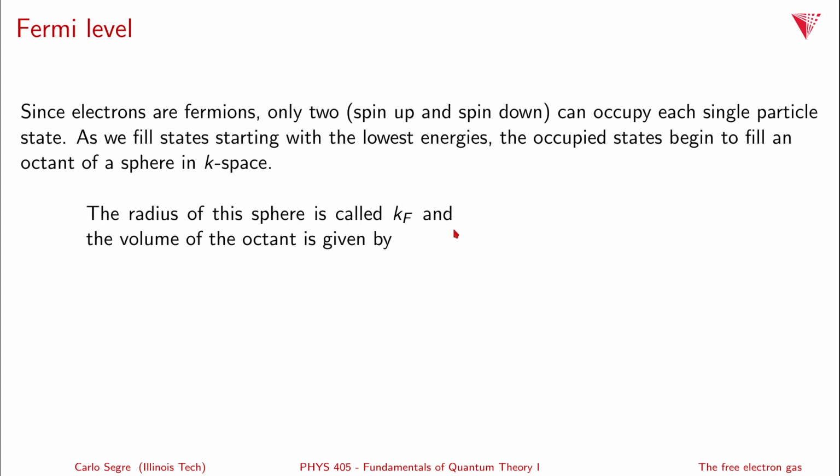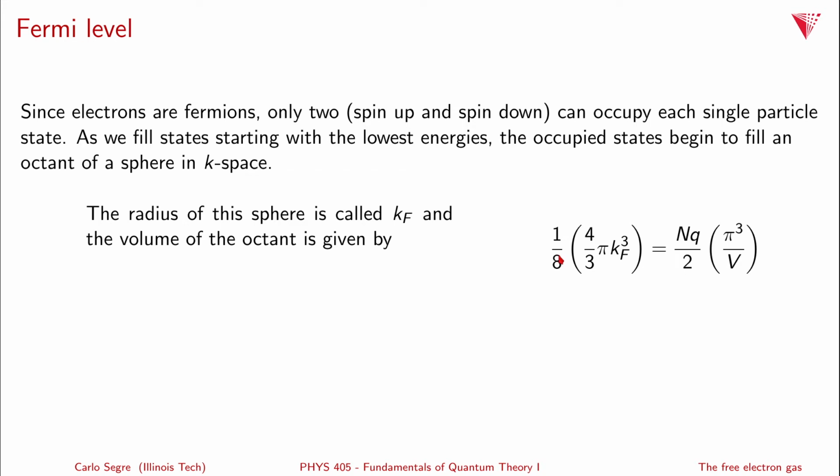We'll call that radius k sub f. And the volume of the octant can now be calculated. The volume of the octant is simply the volume of a sphere of radius k sub f, 4/3 pi kf cubed, divided by 8, because it's only one octant.